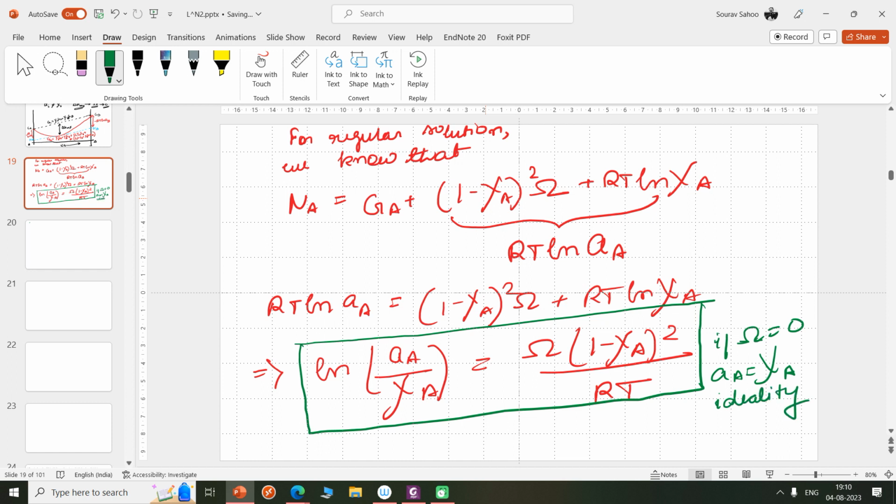In ideality, the omega is 0, there is no omega term, but in natural solutions there is omega, it's non-zero. That's the reason my activity is not equal to the mole fraction.